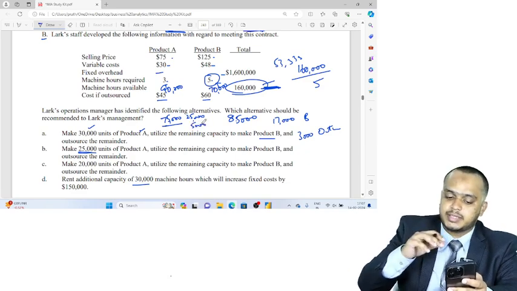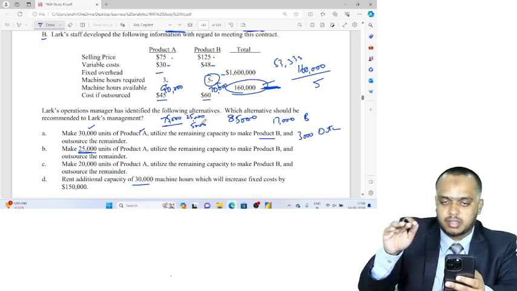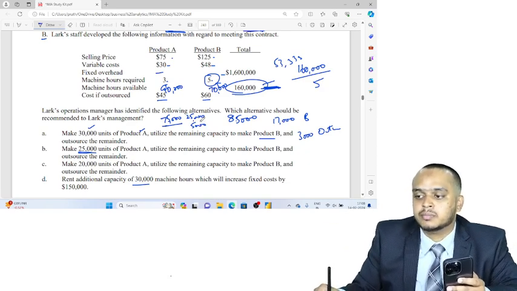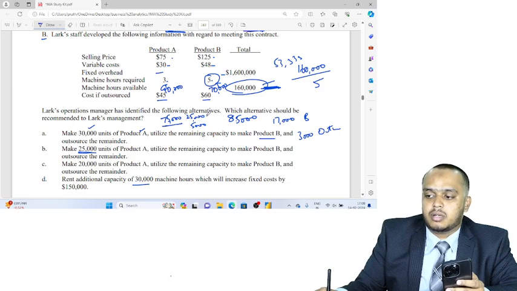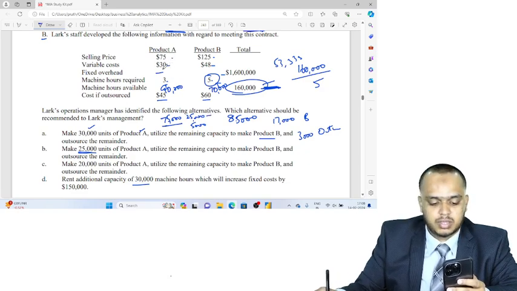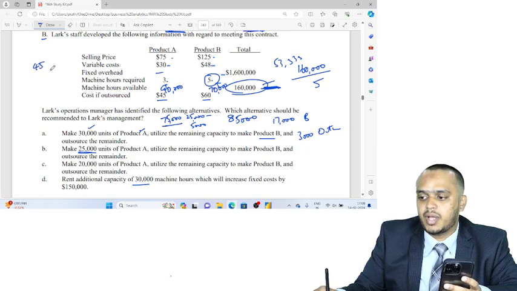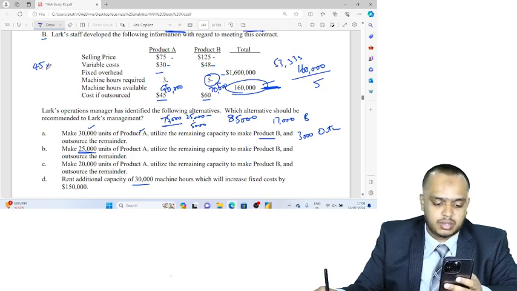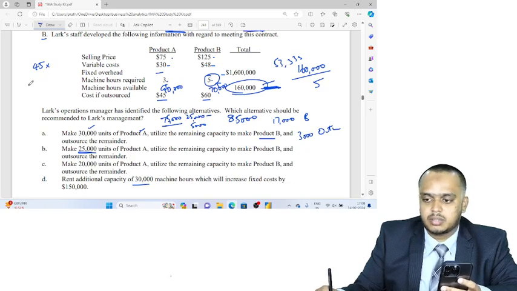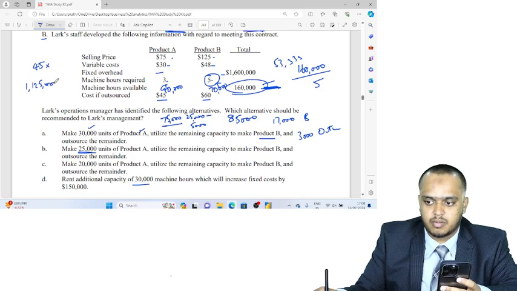So let us see the economics, the calculations behind it. If I am making 25,000 units, what is my selling price minus variable cost? It is 75 minus 30, which is 45. So 45 into 25,000 is $1,125,000.